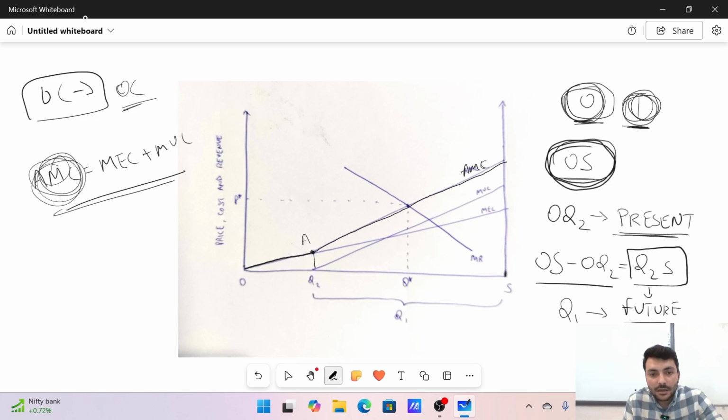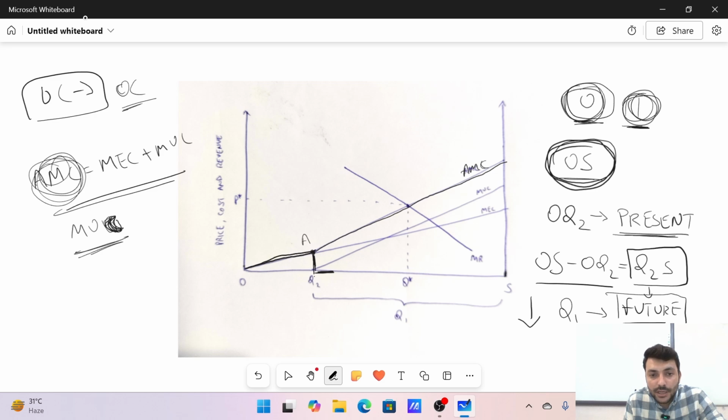Because till level Q2, the marginal user cost is not there. Only after Q2 level are we robbing the resources from the future generation. If you utilize the resource beyond Q2 level in the present time period, then what is available for the future generation would reduce. So that is why there is a kink at level Q2.